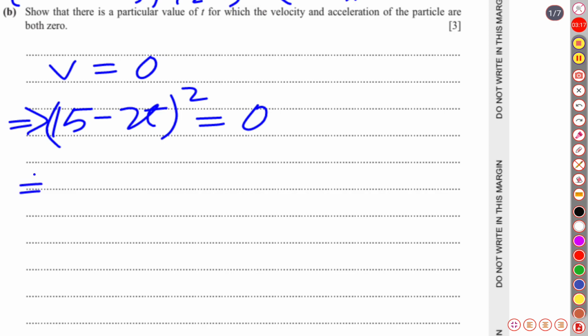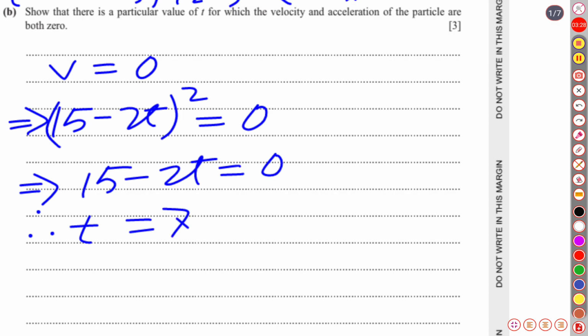That means 15 minus 2t is equal to 0. Hence t is 15 over 2, which is 7.5. So at 7.5 seconds the velocity was 0. Then they have told us to find that the acceleration at the same time was also 0.